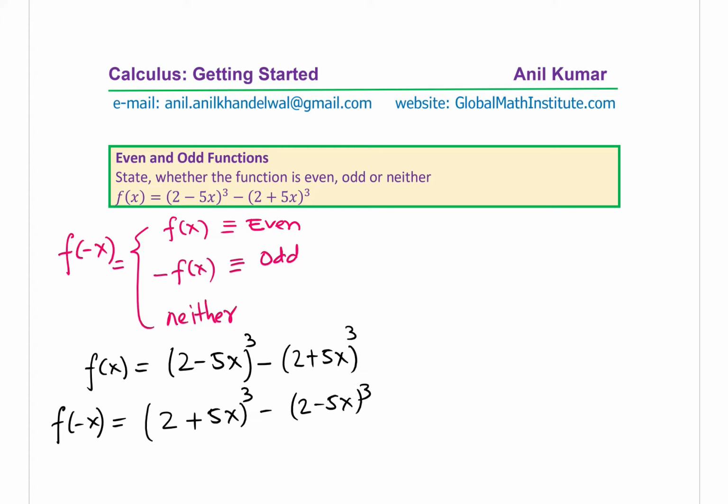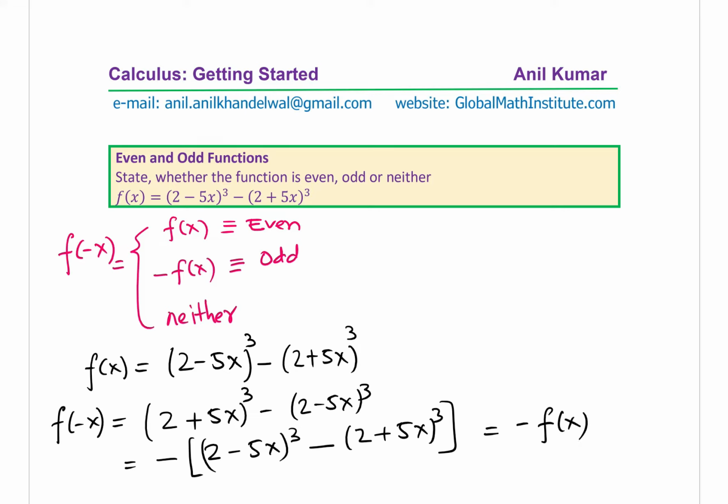Now, how does it correlate to the original one? Well, we have a similar kind of structure here. We could take minus common and rewrite this as minus of (2 minus 5x) whole cube minus (2 plus 5x) whole cube. Perfect. Now that is the function itself, so we could write this as minus f of x.